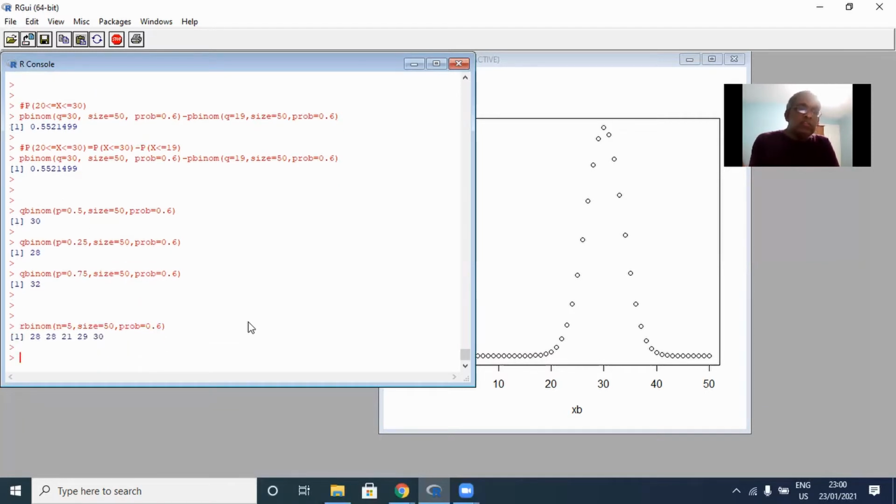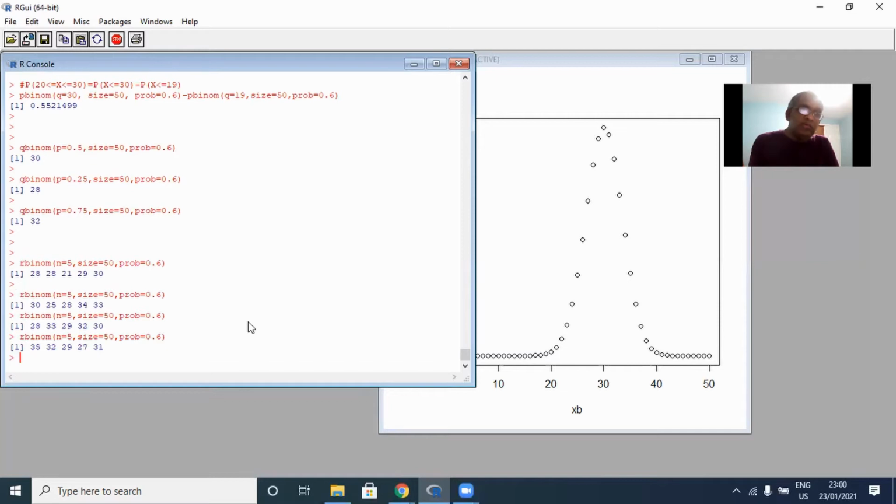And this is what you get. Every time you enter this, you get different numbers, because the random numbers the first time may not be the same as the random numbers next time. So they are different.